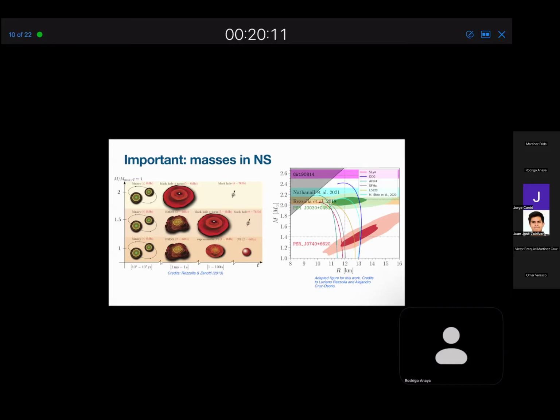The definition for this sort of object is a neutron star that has a mass above the TOV mass, which is the maximum mass in this diagram that we use, namely the mass-radius diagram. And we can have different solutions for different neutron stars if we use, for example, different equations of state to model our neutron stars.